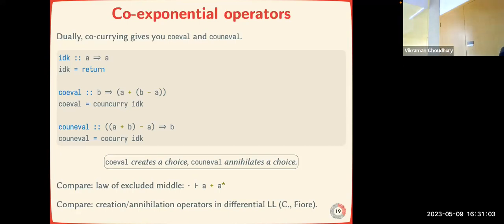I'm not sure if I'm missing something, but why are you using minus for this co-exponential operator? It seems like addition and subtraction don't have the same relationship as multiplication and exponentiation. Different people have used different operators. So Lawvere used minus. There's this subtractive logic where people use minus. Sometimes they use slash.